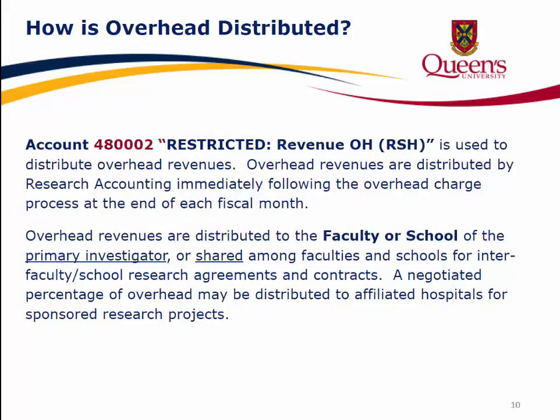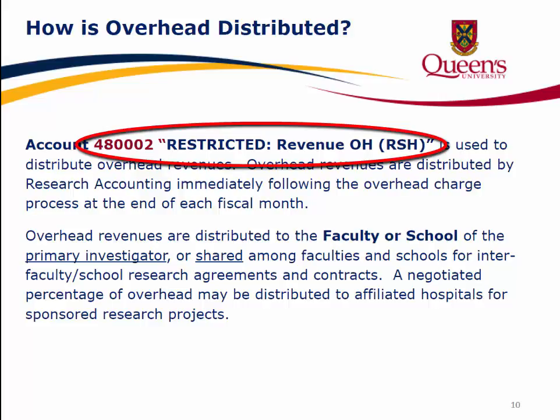We will now discuss the second component of the overhead process, which involves the distribution of the overhead revenue created by the initial overhead charge. Immediately following the overhead charge process, Research Accounting will then distribute the same amount that was charged as overhead revenue. Overhead revenue is distributed using account 480002, Restricted Revenue Overhead Research.